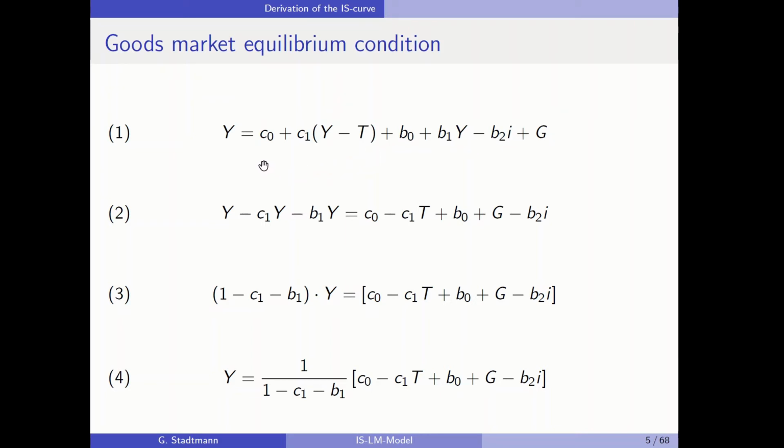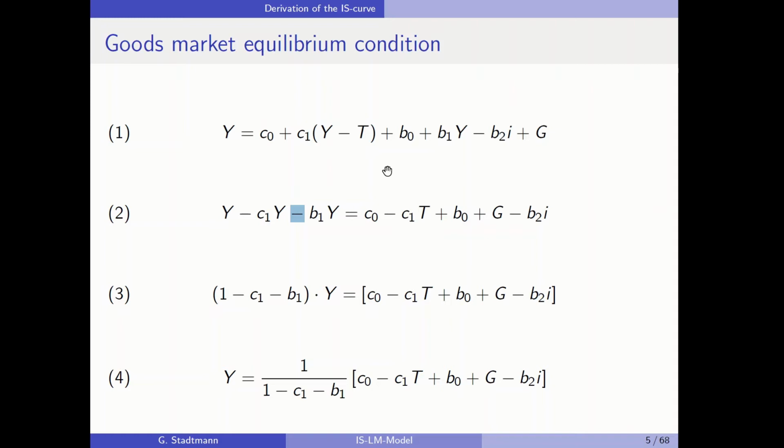Now GDP pops up 3 times in this equation: goods supply on the left-hand side, then in the consumption function, and in the investment function. So we want to solve this relationship for Y. We have to put plus C1Y on the other side of the equation. It pops up with a negative sign. And also this plus B1Y on the other side of the equation pops up with a negative sign in equation 2.